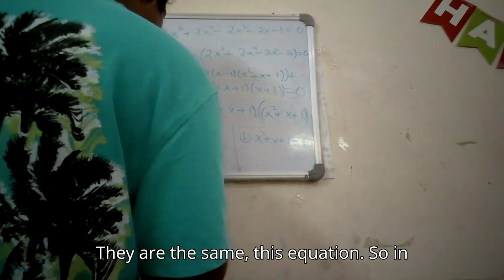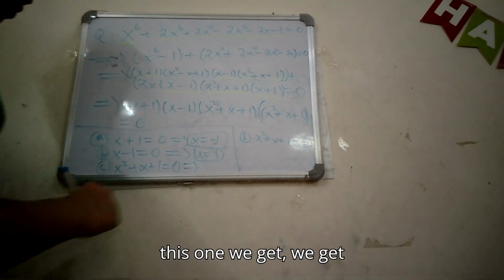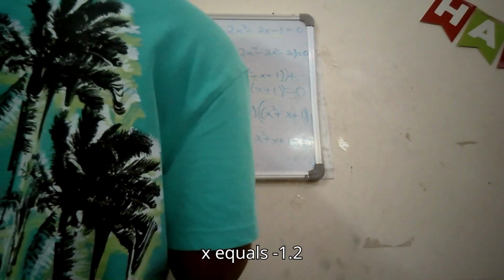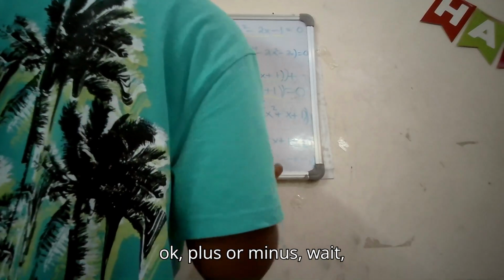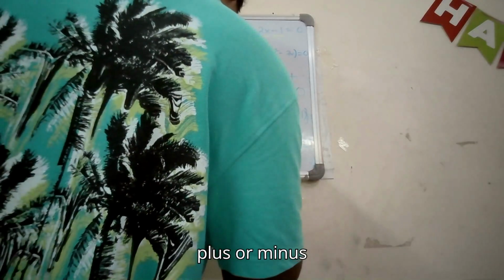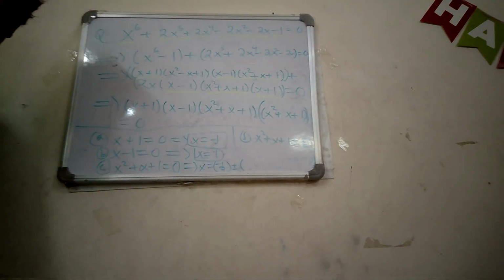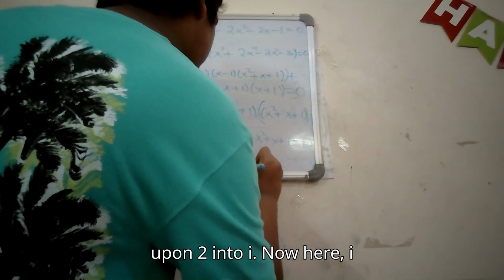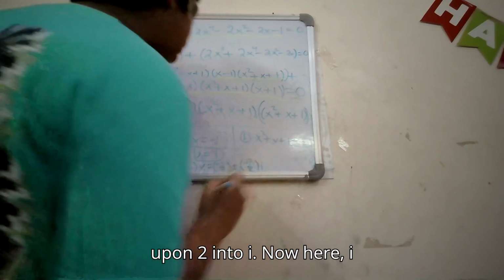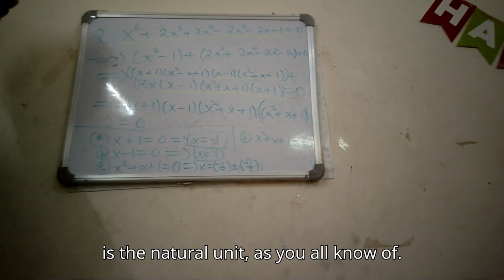So in this one we get x equals negative 1/2 plus or minus the square root of 3 upon 2 times i. Here i is the imaginary unit, as you all know.